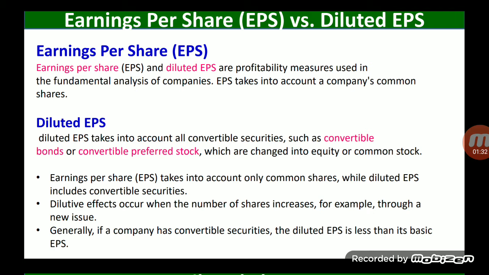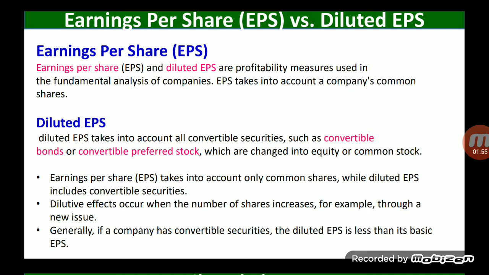But in the case of diluted earning per share, we take into account convertible shares also, convertible stocks, any other instrument which is converted into stocks. So we consider all these when we calculate diluted EPS.